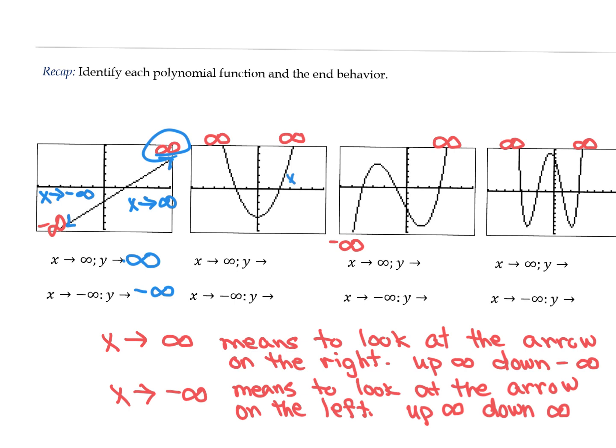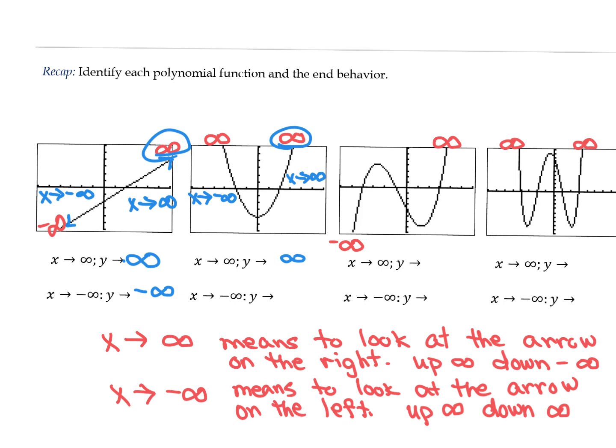All right, on the second one, right-hand side is x approaches infinity. The arrow on the right-hand side is going up, which means y is approaching infinity. On the left-hand side, this is what we're looking at as x approaches negative infinity.